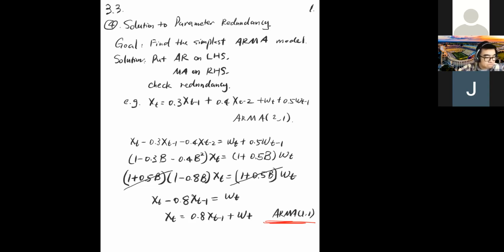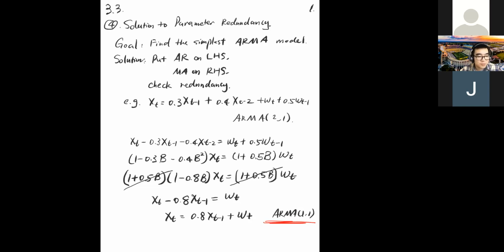Okay, so it is usually not easy for you to do this kind of decomposition to find the overlap terms in the AR part and the MA part. So what we usually do is ask the computer to do this for us.